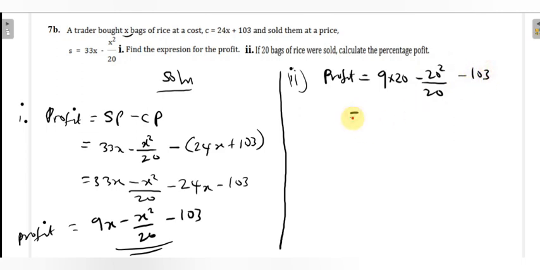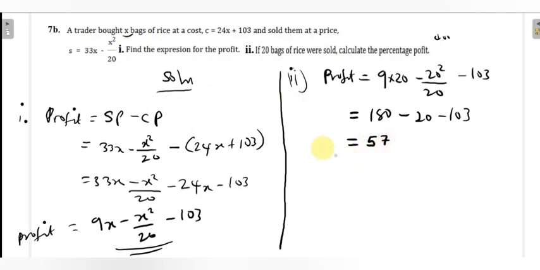So that will be equal to 180 minus, 20 squared is 400, so 400 divided by 20 is 20, minus 103. So the profit is going to be 180 minus 20 minus 103. That's equal to 57. So the profit is 57.